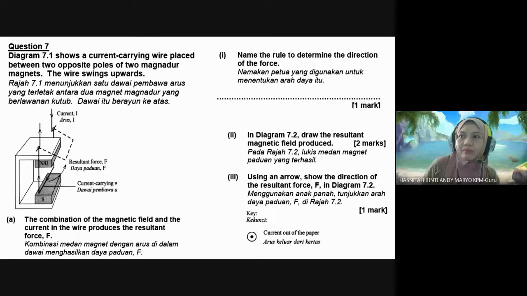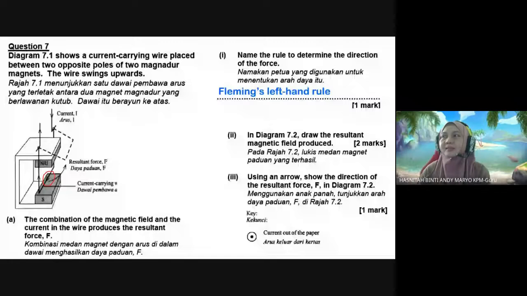Along the conductor, is the current flowing in or flowing out? You see, it flows out of the paper.